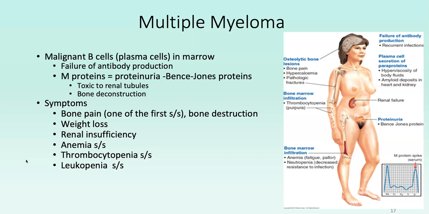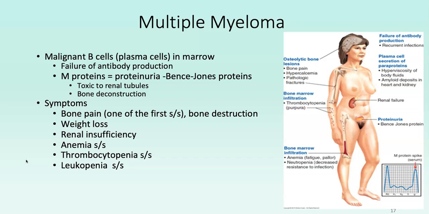Plasma cells only produce the light chain of the immunoglobulin molecule. Because they're lightweight, the chains are easily excreted in the kidneys, and this leads to kidney failure. The light chains are toxic to renal tubular structures.